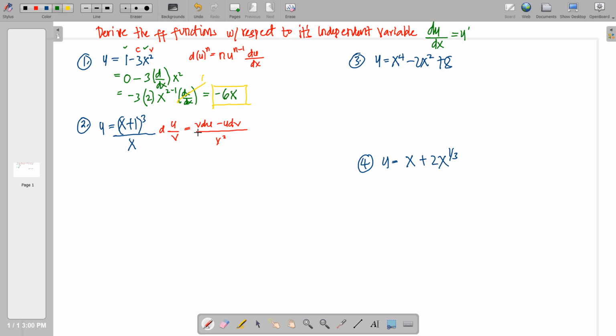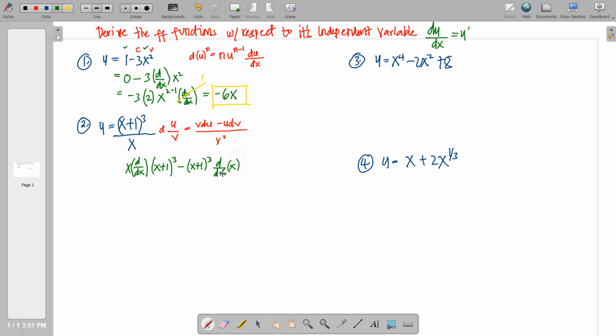Copy the second term, which is v. What is that? That is x. Differential of u. Say d over dx of the numerator, that will be equal to x plus 1 cubed, minus, copy the first term, differentiate the second term.